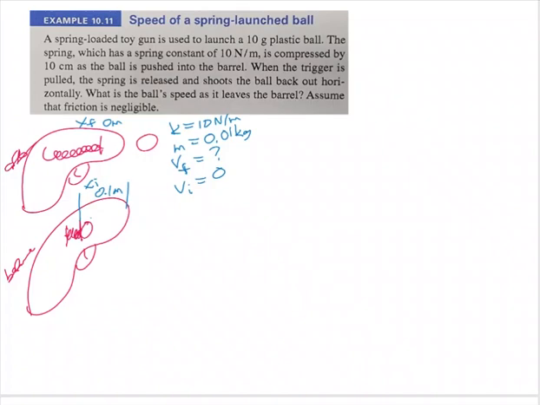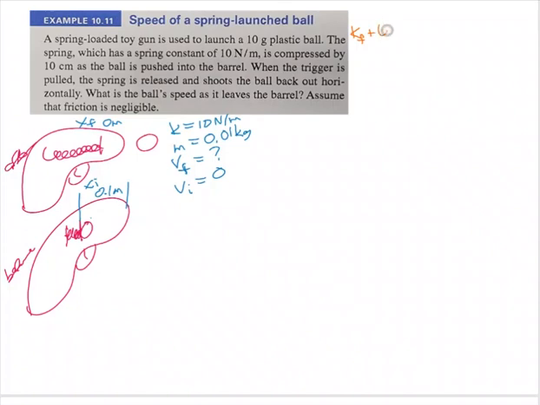So where should we start? Okay, the work energy equation. Are we going to have K final? Yes, K final. Are we going to have potential final? I'll tell you what, I'll write it down.